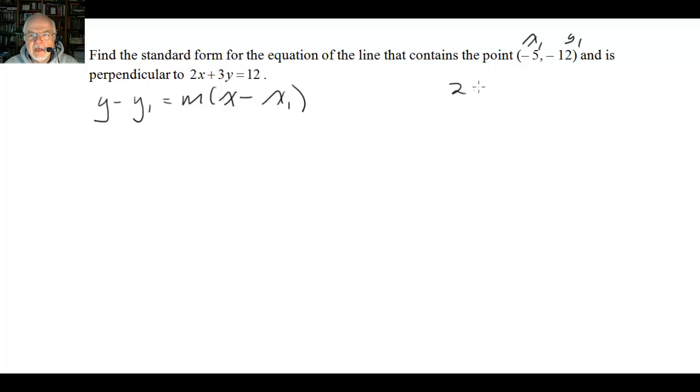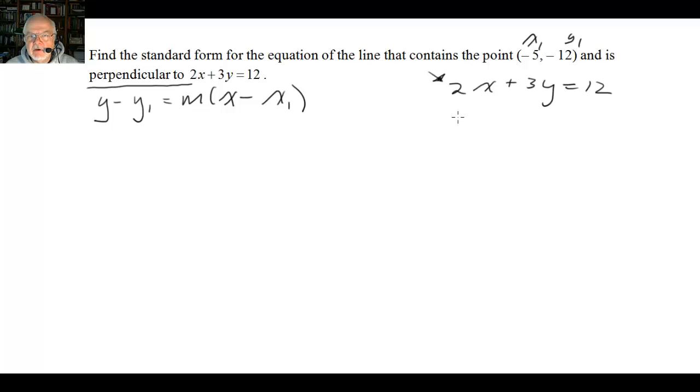Well, we're given an equation, 2x + 3y = 12, and we're told that the slope we want is going to be perpendicular to the slope of this line. We don't know the slope of that line, so let's find it first, and then we'll deal with the perpendicular property in a bit.